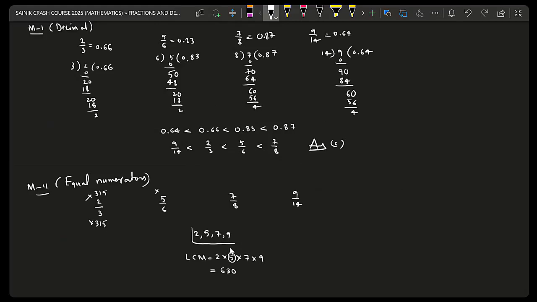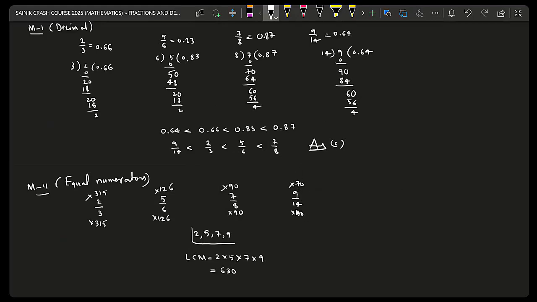Sir, 126. Multiply by 126. Then 7 multiplied by which number? Sir, 90. 5 tens are 10, 10 into 9 is 90. Very good. Multiply by 90. Then 9 multiplied by 70. Very good, 70.